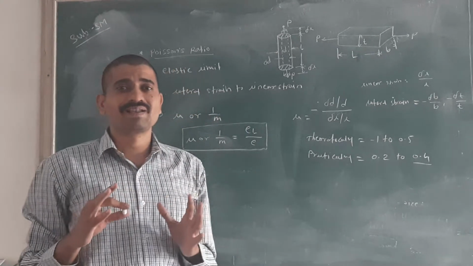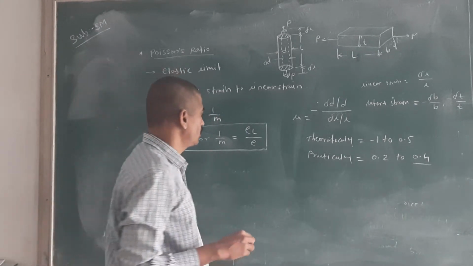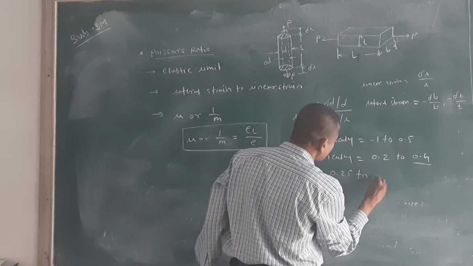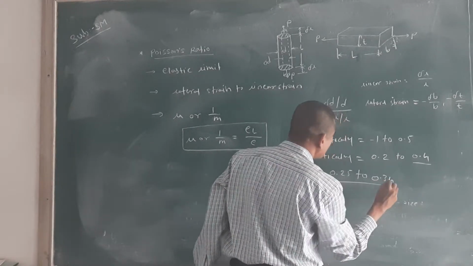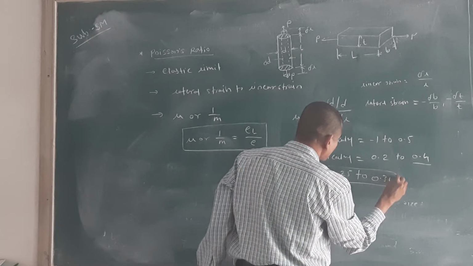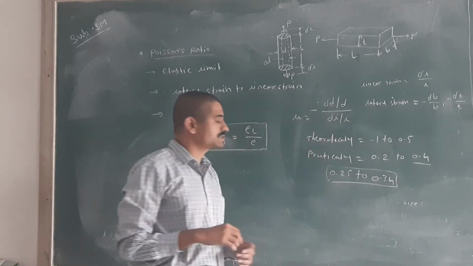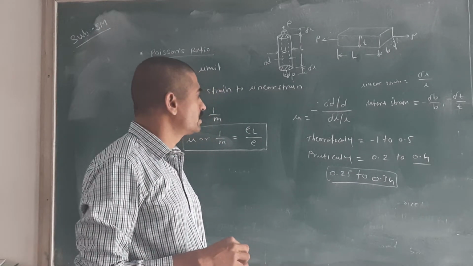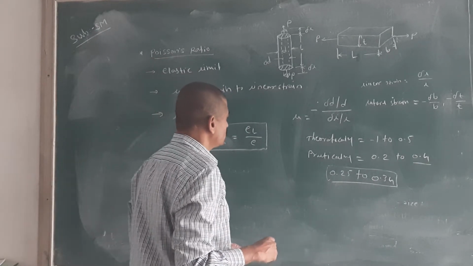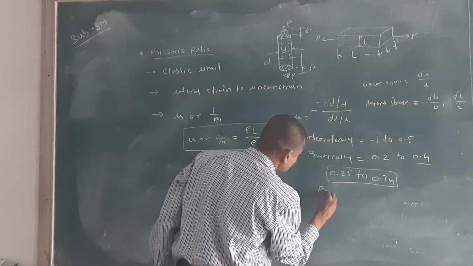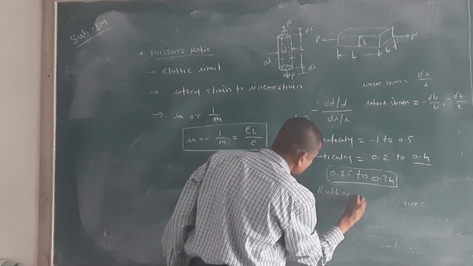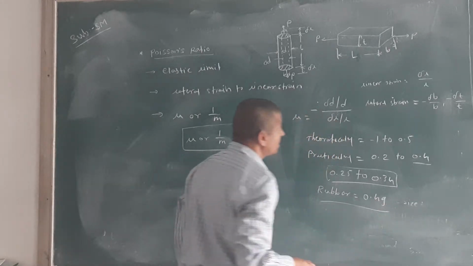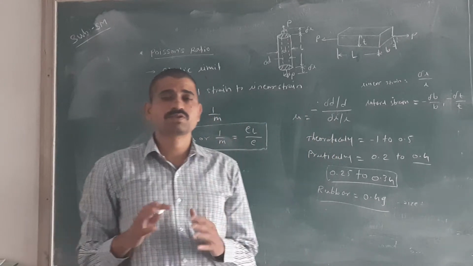Most metals have a Poisson's ratio between 0.25 and 0.34. Rubber has the maximum Poisson's ratio, equal to 0.49.